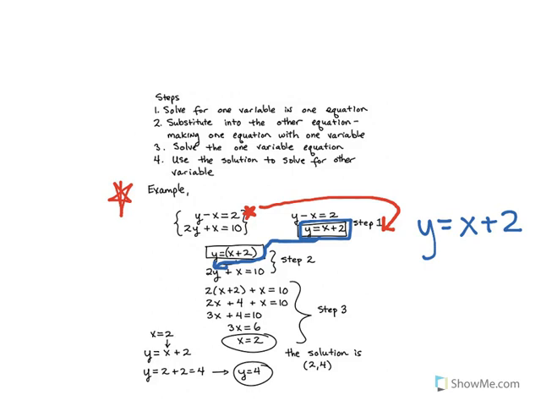And they are plugging it into the other equation that they did not rearrange yet. So once you plug in this x plus 2, you substitute it into the other equation, making one equation with one variable. You can see that the whole entire equation only has x's. There is no more y's. So we are only solving for x.